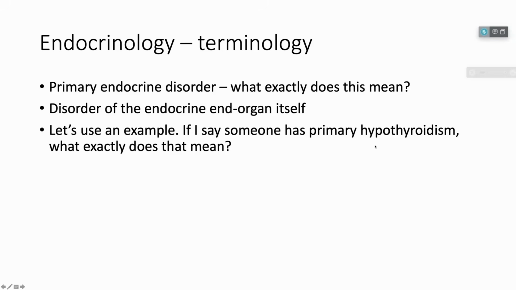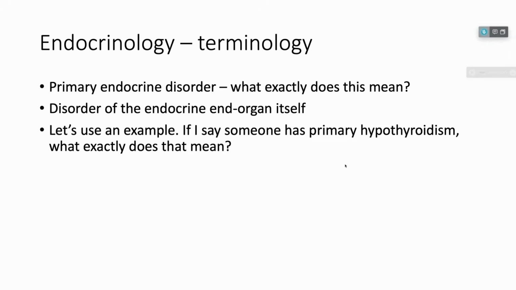So if I said someone has primary hypothyroidism, Catherine, what would that mean? If somebody has primary hypothyroidism, I think autoimmune or Hashimoto, a decrease in T3, T4, so low thyroid hormone levels and an increase in TSH. Well, let's take a step back. A primary endocrine disorder is a problem in the end organ itself.